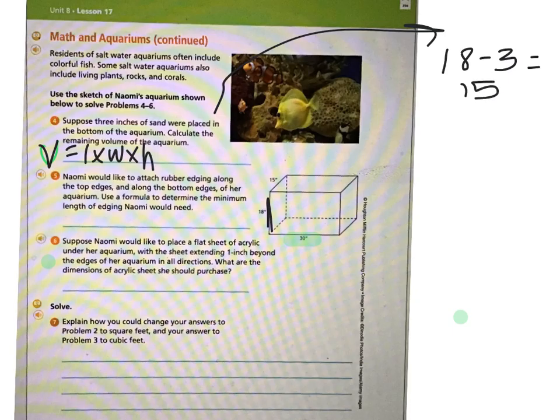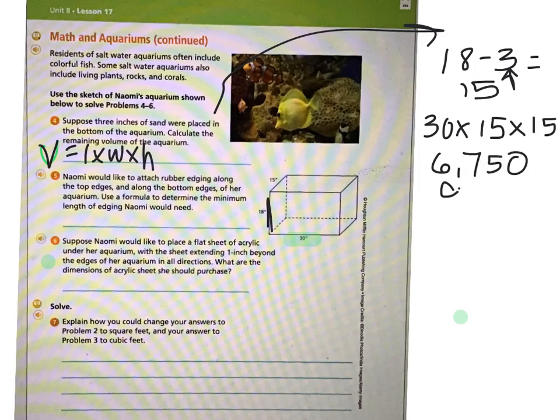So now that's my height. Now I'm going to multiply that by 30 times the width, which is still 15, times the height, because the 3 inches of sand is already there. So that equals 6,750 cubic inches. Remember, because this is volume, inches, okay? So that is number 4.